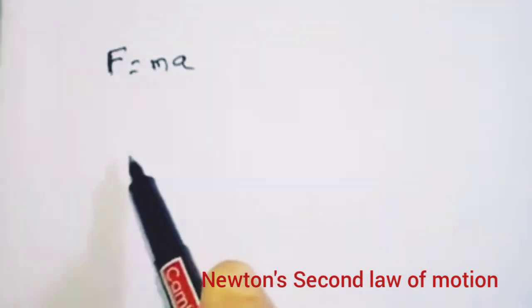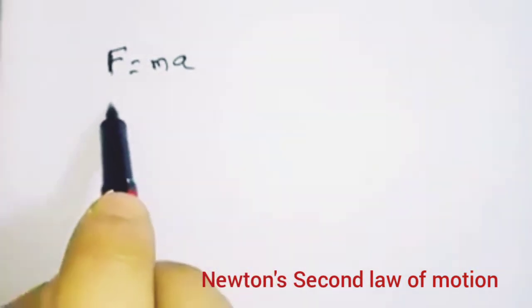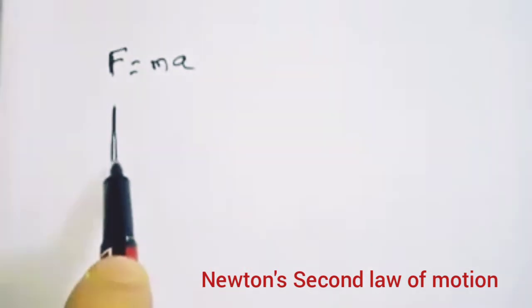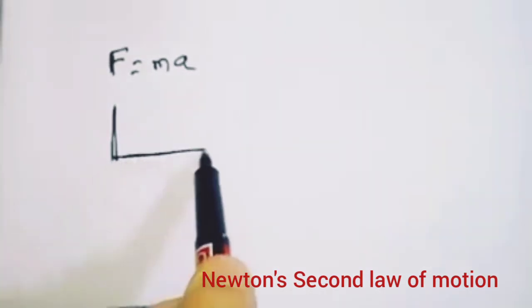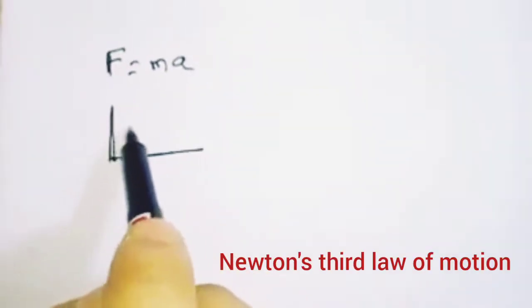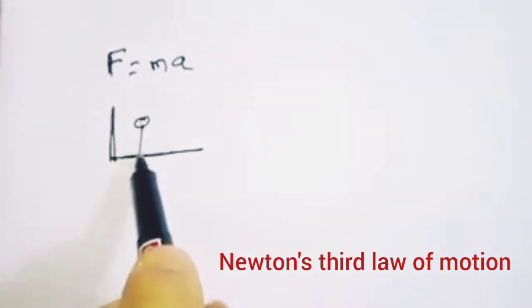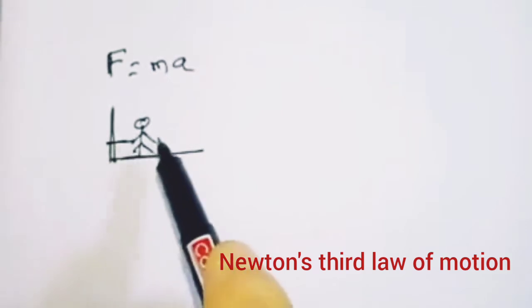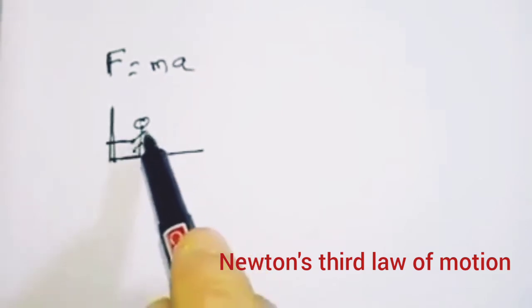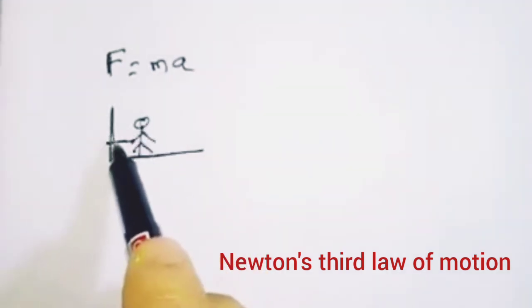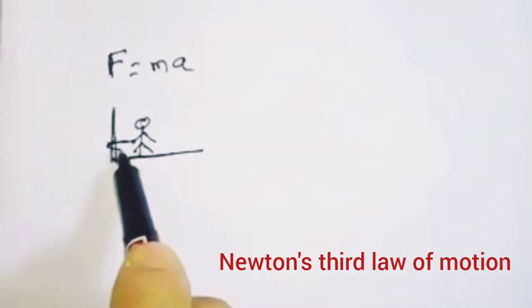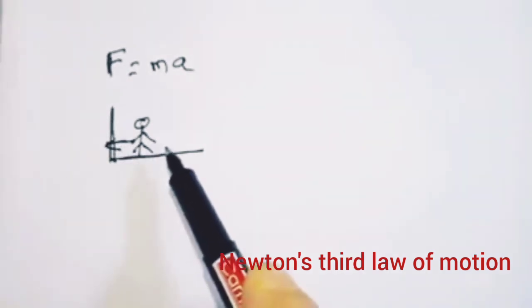Newton's third law of motion, however, says something like this. Let me just quickly draw a diagram for you. If this is a wall, and I am standing here leaning on the wall, that means I'm exerting a force on the wall. That means the wall is equally exerting a force on me.